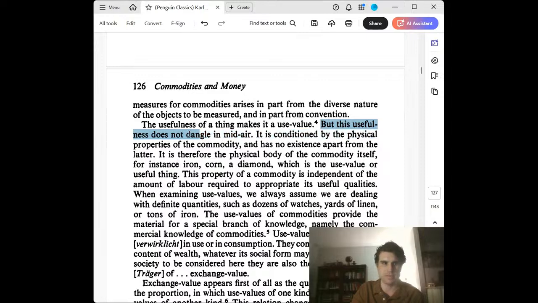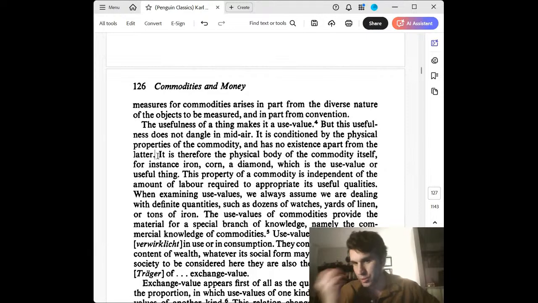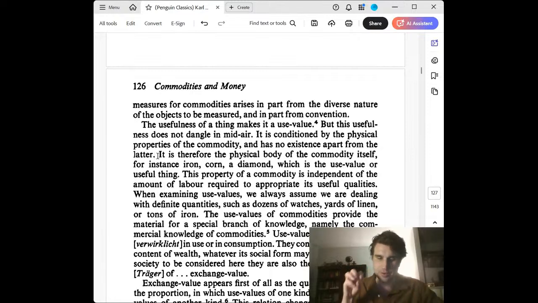It is conditioned by the physical properties of the commodity and has no existence apart from the latter. Use value is materially conditioned. Things can only have usefulness if they have the real material properties to do whatever it is we want them to do. And so there's a material, physical aspect to use value.